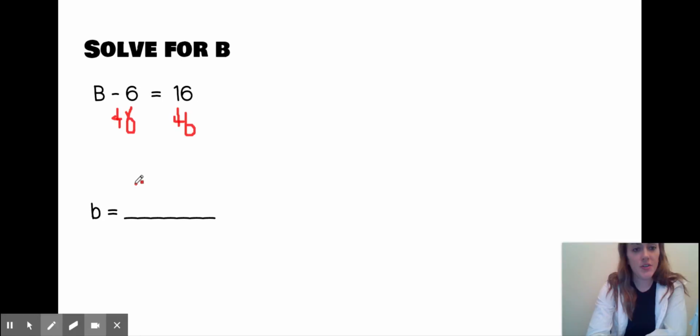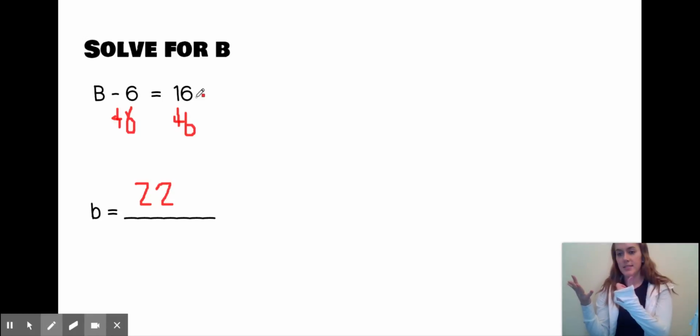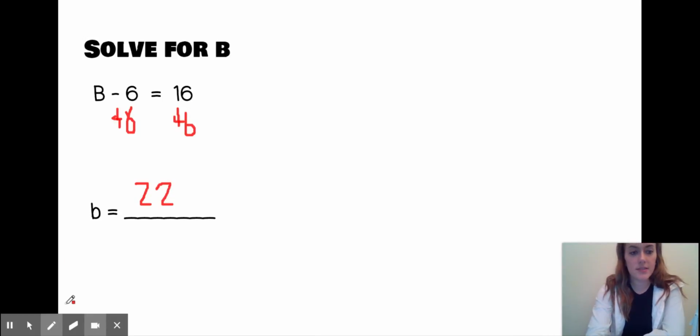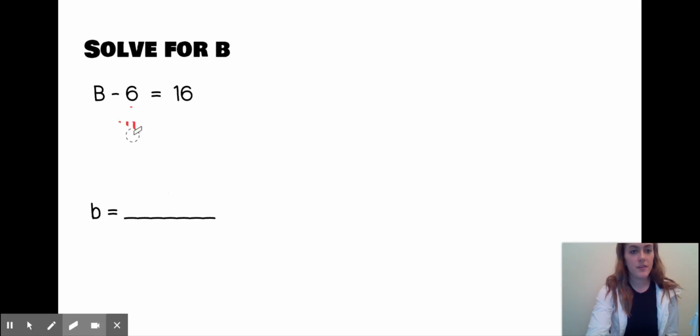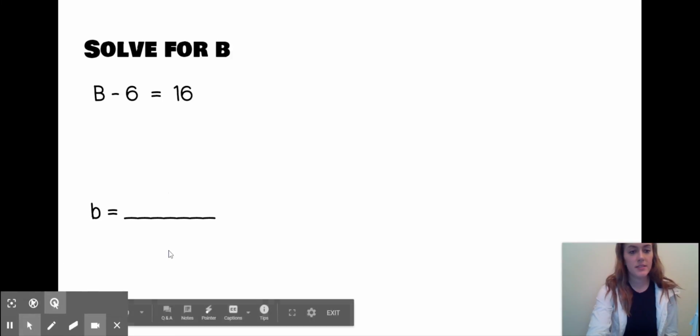So 22 would be b, and I can double check that by plugging in 22, subtracting 6, and seeing if I get 16. 22 minus 6: 21, 20, 19, 18, 17, 16, and it is correct. So that's an example of solving a variable with subtraction in your number sentence.